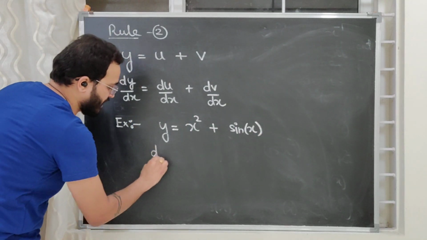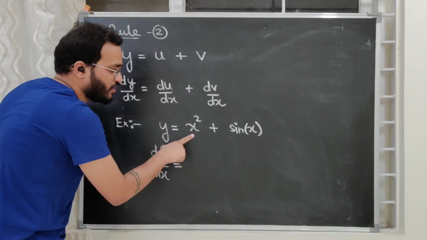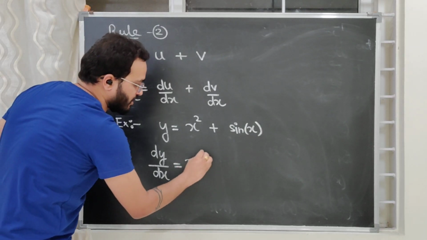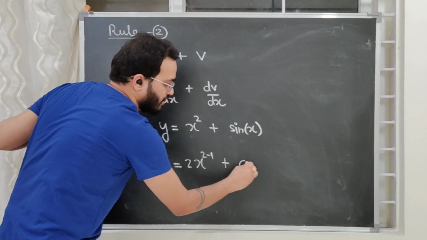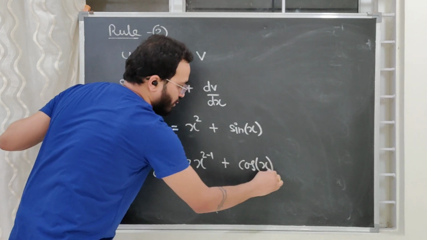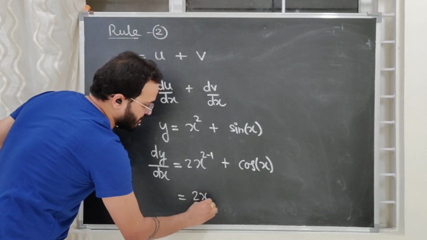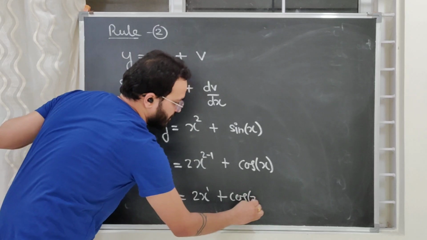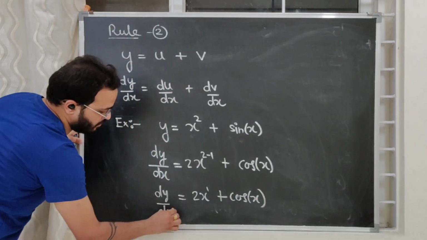So when I write dy by dx, see very carefully, I will differentiate using the rule for x to the power n. So it will become n x to the power n minus 1, plus, what is the differentiation of sin x? Yes, you are right, it is cos x. So your answer will be 2x to the power 1 plus cos x. I hope you have understood this point.